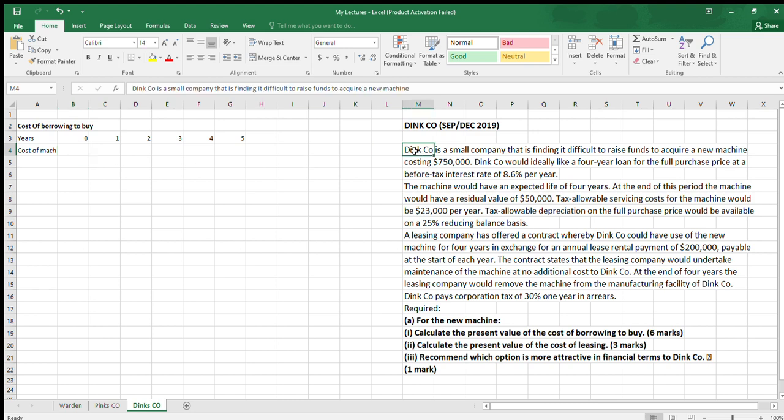But here Dinko is a small company that is finding it difficult to raise funds to acquire a new machine costing $750,000. So the cost of the new machine is $750,000, which we are going to borrow to buy that asset under the borrowing side. So negative $750,000.